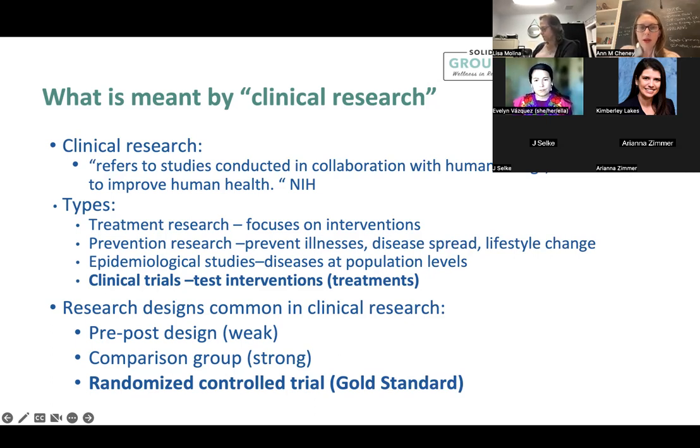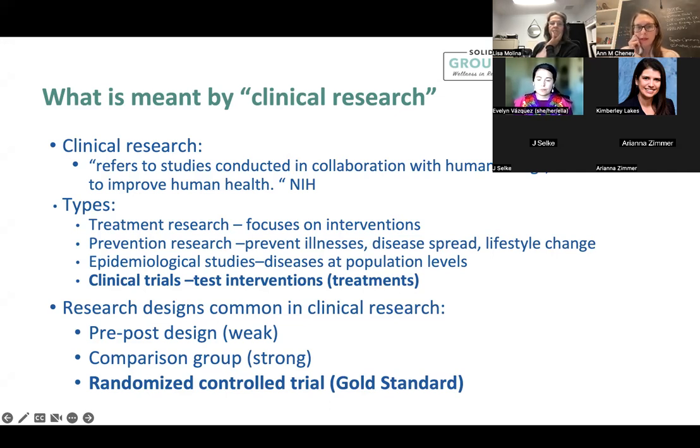When we think about common designs within clinical research, we might think of a pre- and post-test design. This is, while important, often considered a weaker design. Another example is comparison groups. So when we're thinking about how we're going to design a study, if we have 2 or more groups to compare, then this is considered much stronger than a pre- and post-test design.